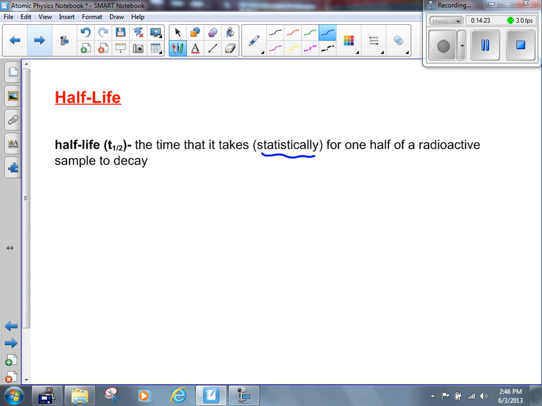Radioactivity is a natural, spontaneous, random process. Okay, we can look at what's happened in the past and say, all right, odds are this is what's going to happen the next time. But you can never know for sure because it is that spontaneous, natural, random process.